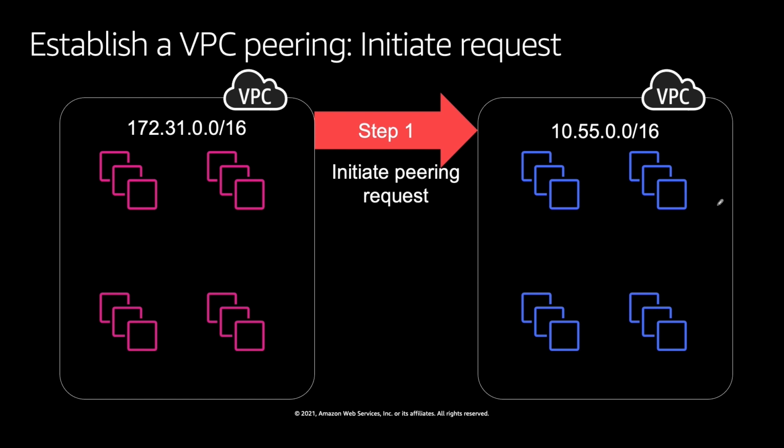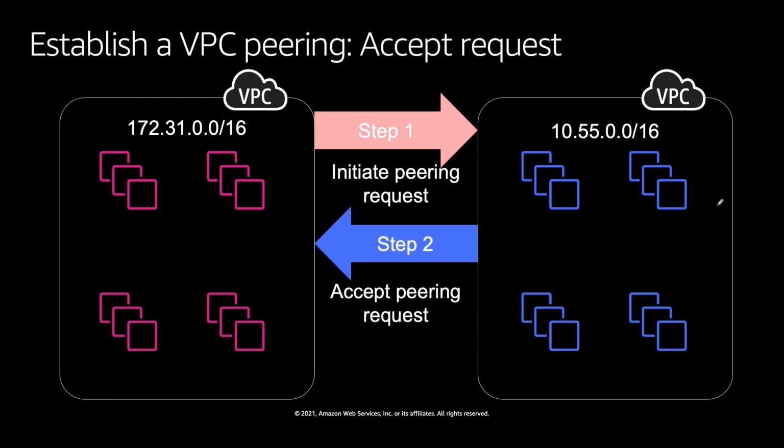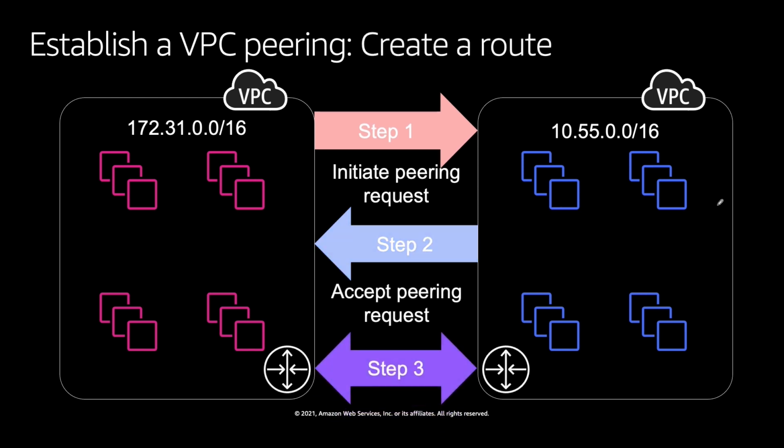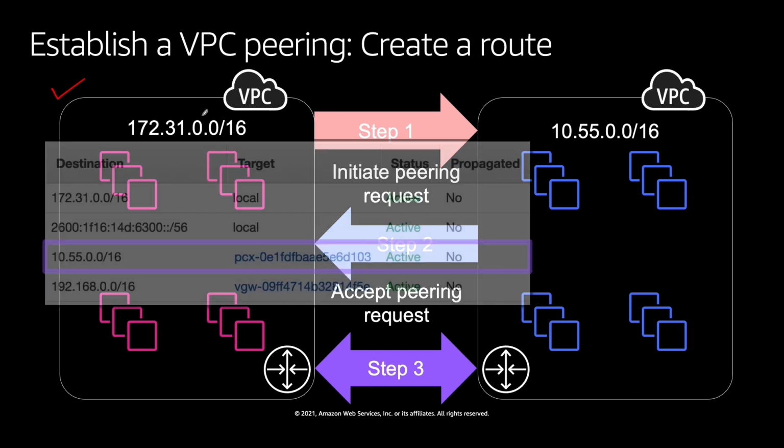Let's say VPC one, the pink VPC on the left, initiates a peering request. Then the blue VPC accepts that request, and then you just update the route tables in the respective VPCs.